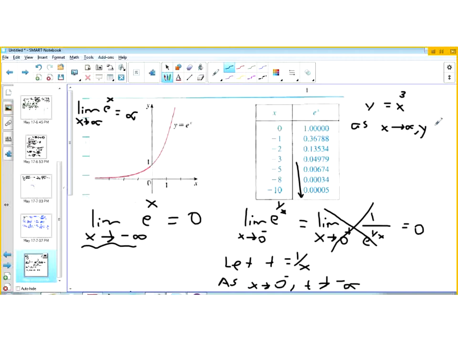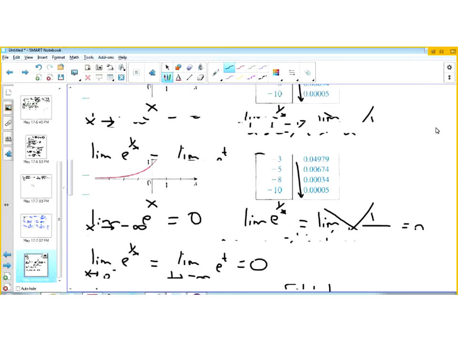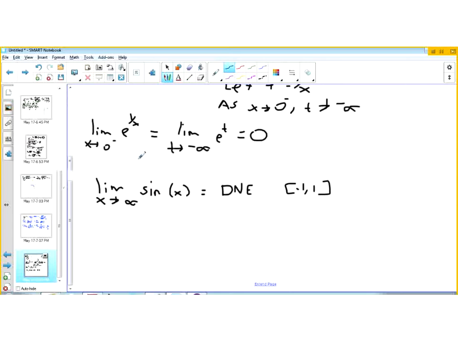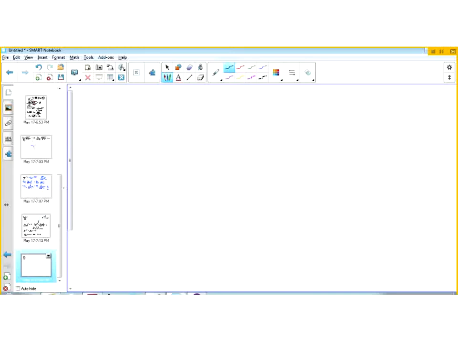So y approaches infinity. And you can visualize that just by graphing the function. Okay, so next page. Infinite limits at infinity.